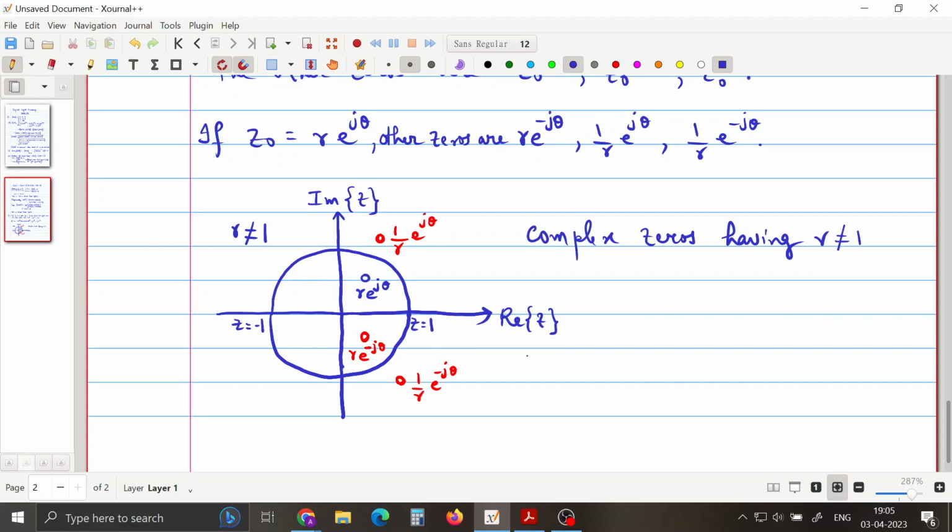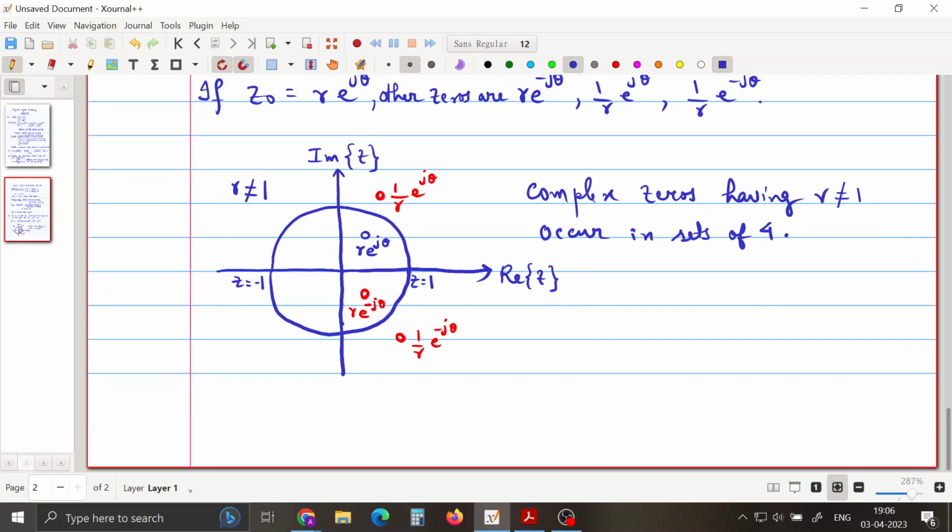So complex zeros having r not equal to 1 occur in sets of 4. So altogether there are 4 zeros, right? We just visualize them on the zero plot. Fine, so far so good.